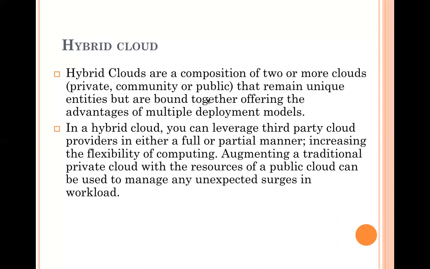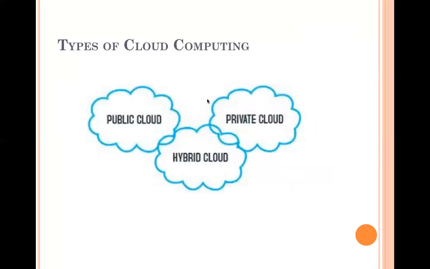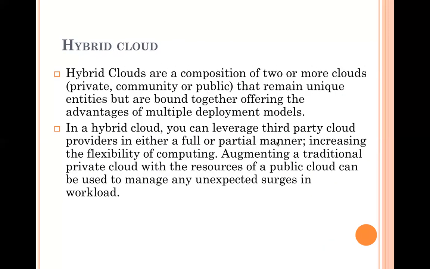Now the fourth cloud, not mentioned here, is community cloud. Community cloud is the cloud infrastructure that allows systems and services to be accessible by a group of several organizations to share information.